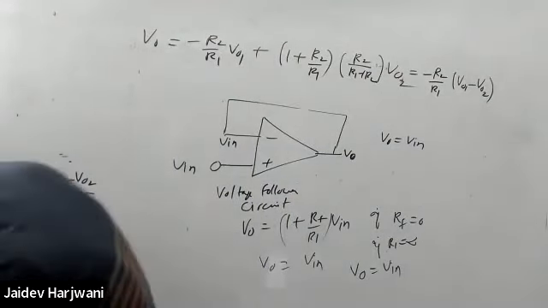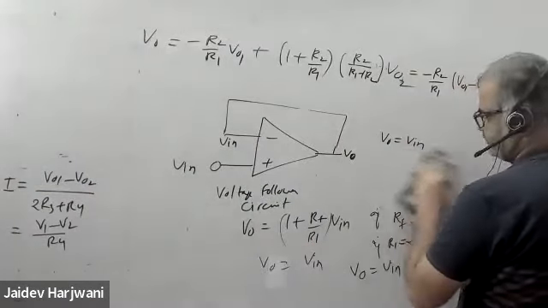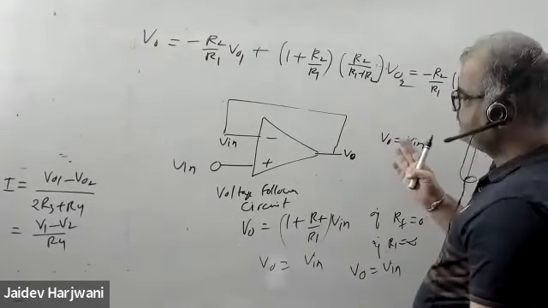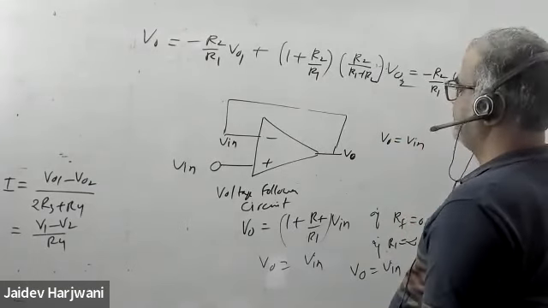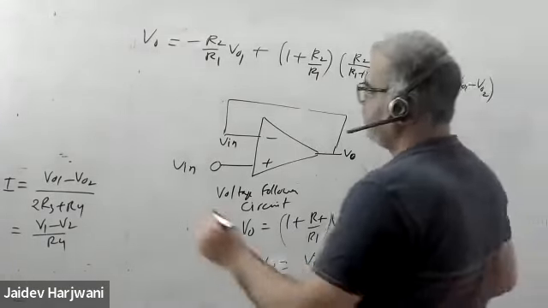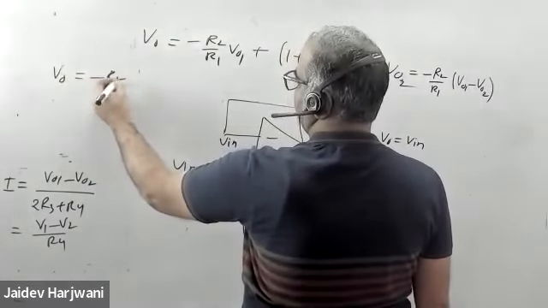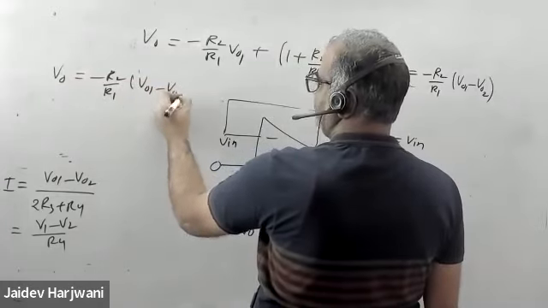Okay, I am writing the final expression. So now your V0 is minus R2 upon R1 times V01 minus V02.